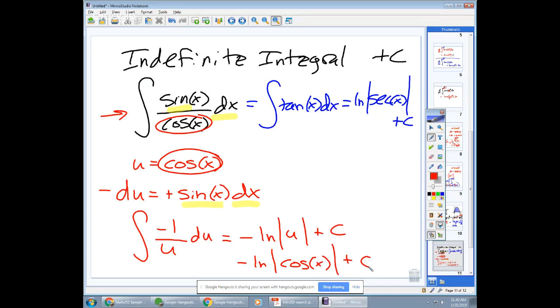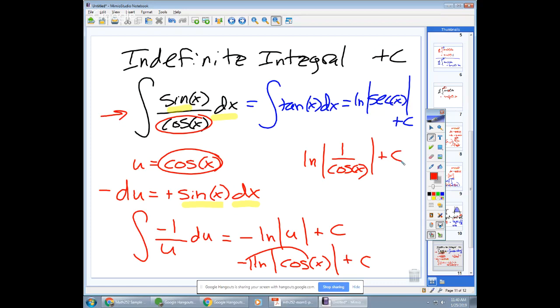And you might say, hey, that doesn't look like what you have up there. Oh, but logarithms have a property that says if you have a negative multiple, you can bring that in as a power, and that negative exponent means flip the base. So what I really have here is the natural log of 1 over cosine of x when I bring that negative 1 in as a power.